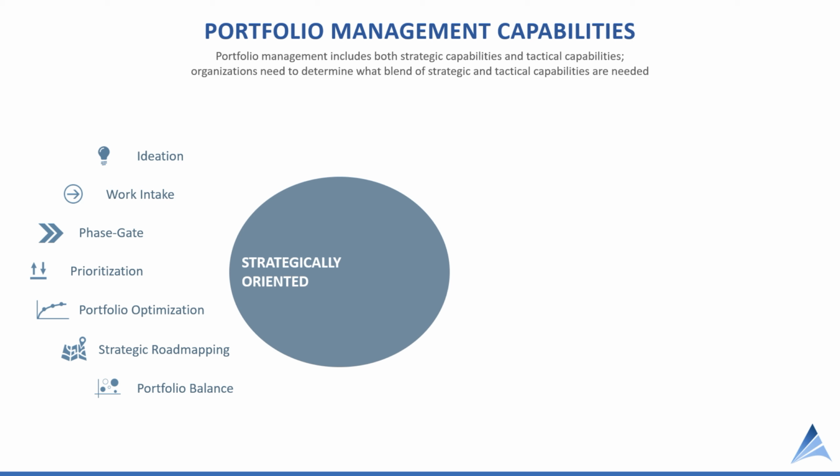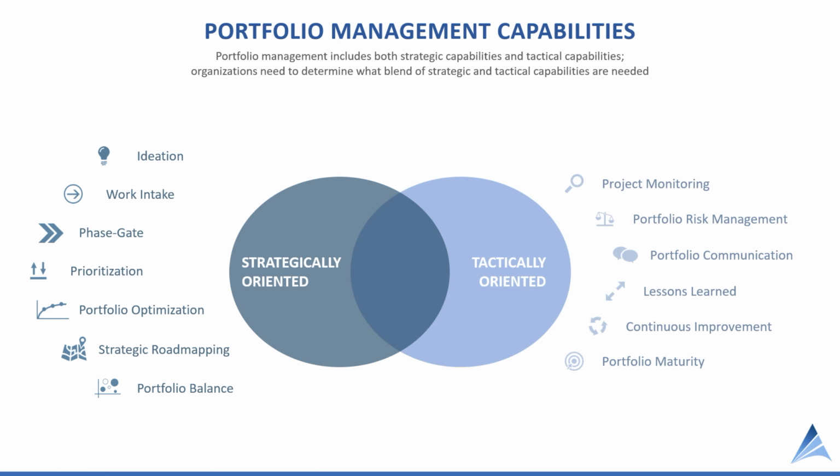We want to prioritize the work, typically involves strategic alignment. We want to optimize the work. We want to develop that strategic roadmap. We want to have the right portfolio balance or the right investments across different characteristics. These are many of the strategically oriented capabilities of project portfolio management.